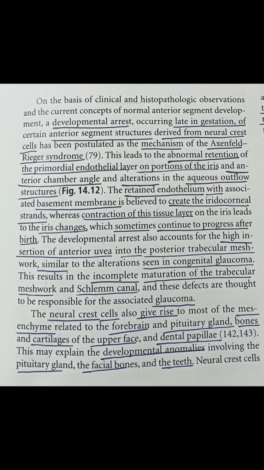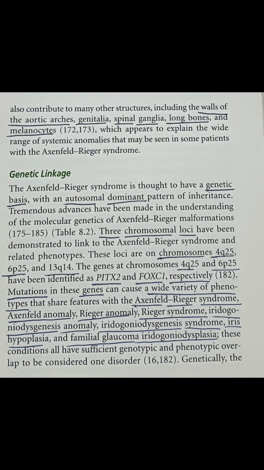Neural crest cells also contribute to many other structures, including the walls of the aortic arches, genitalia, spinal ganglia, long bones, and melanocytes, which appears to explain the wide range of systemic anomalies that may be seen in some patients with Axenfeld-Rieger syndrome.